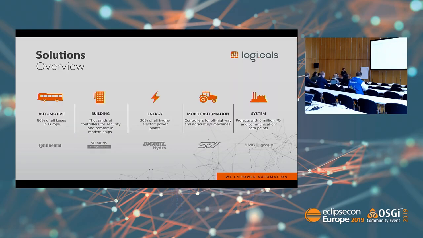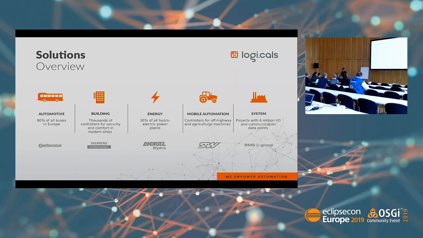Our programs are being used in different fields of automation: automotive, where 80% of all buses in Europe use the runtime system from Logicals to at least do, I would say, the comfort stuff, such as opening and closing doors, and other functionality.